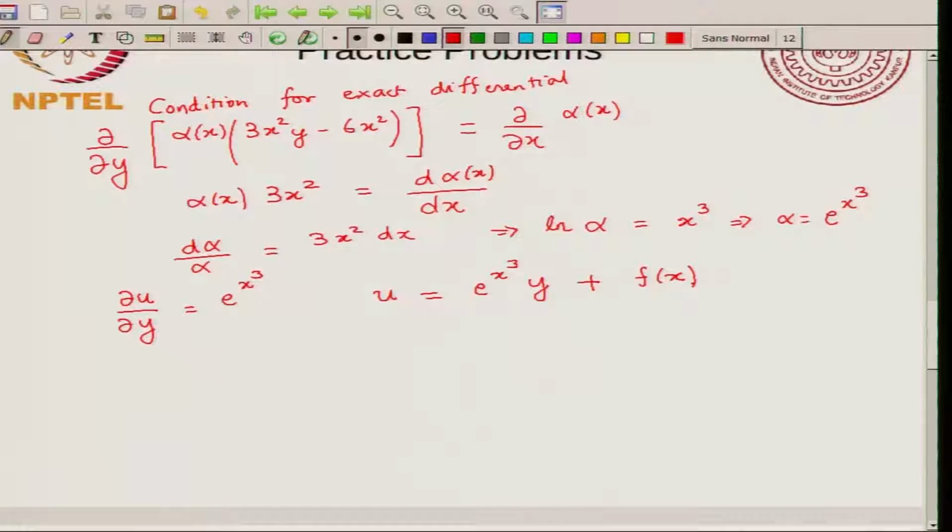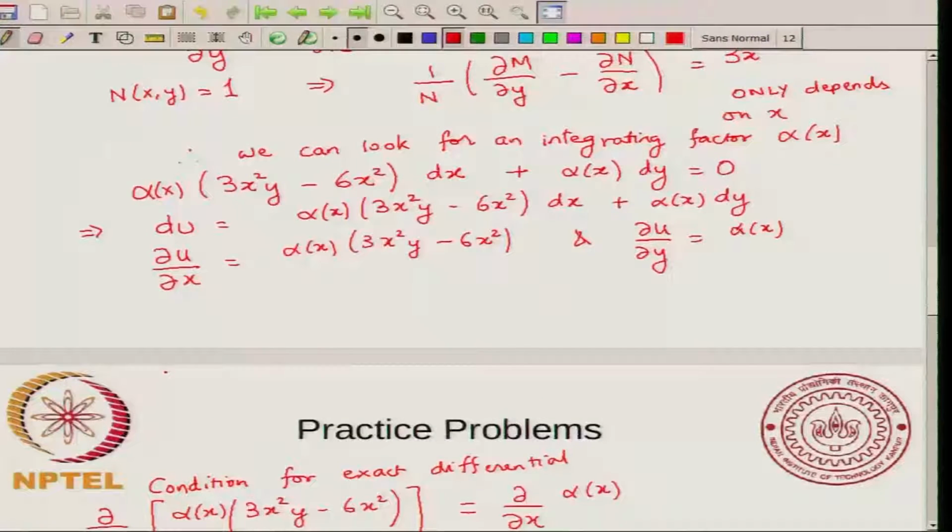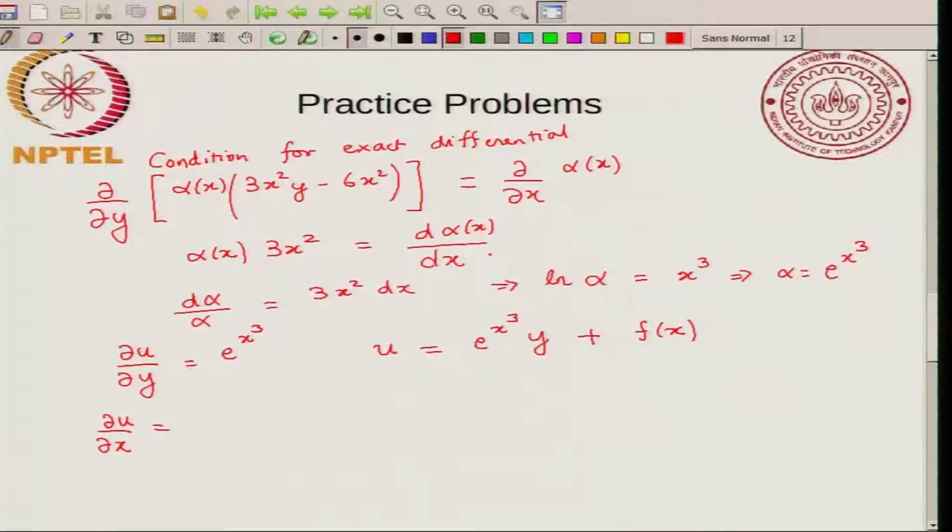Now, in order to determine this function of x, we use dou u by dou x, so we go back to our expression. Dou u by dou x was alpha of x (3x square y minus 6x square).